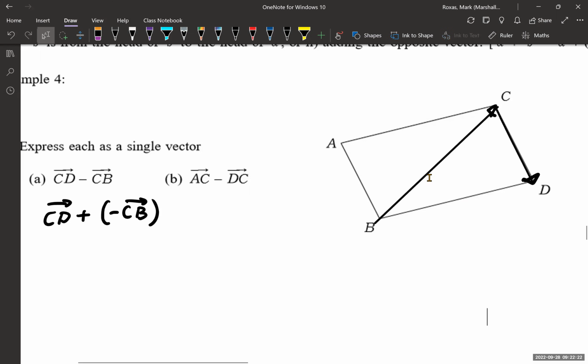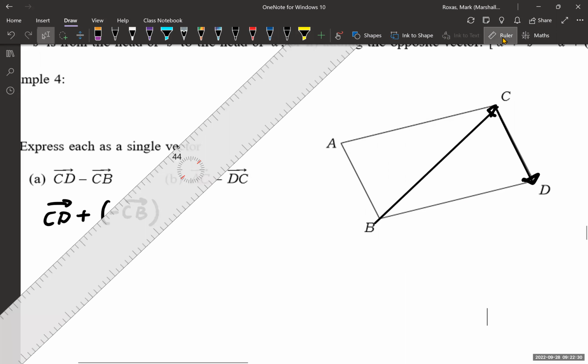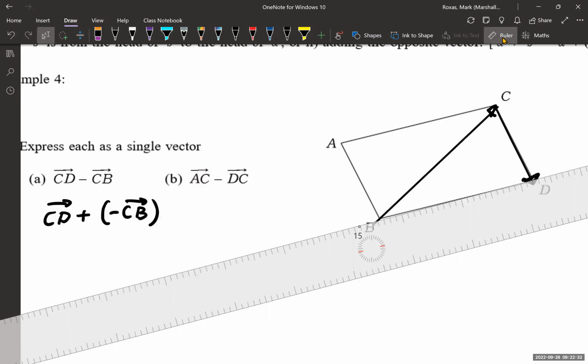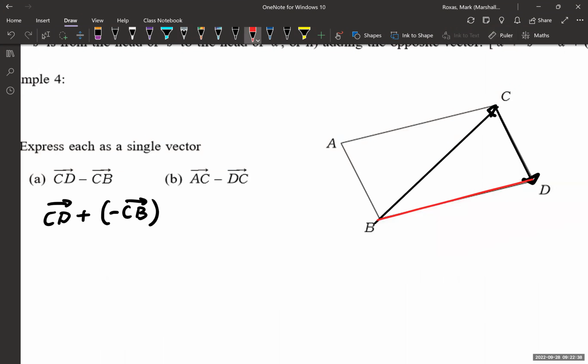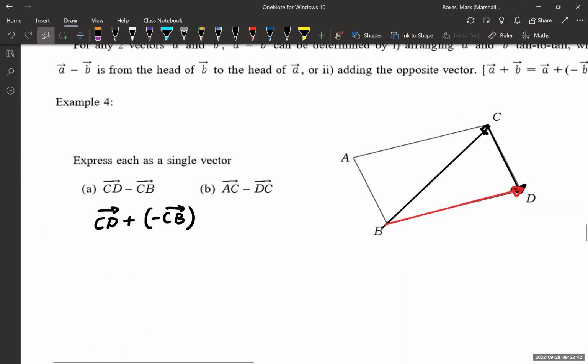Now it's changed direction, and conveniently it is connected head to tail with the other vector. So when I draw my resultant, I'm just going to draw the resultant from the tail of this one to the head of the other one. Okay, and I'm allowed to do that because remember, addition is commutative.